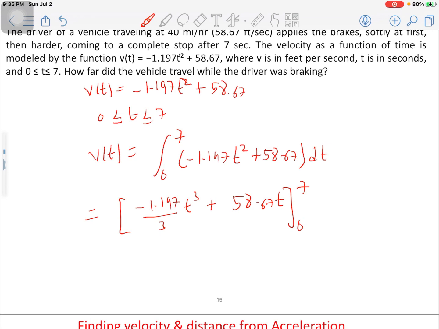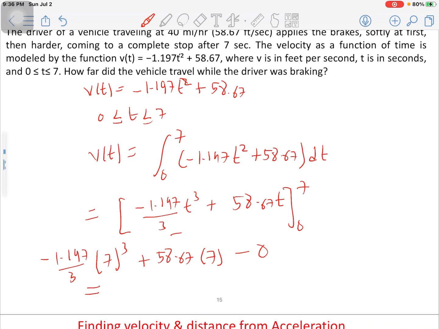And doing upper limit minus lower limit, by the fundamental theorem of integral calculus, you are going to get negative 1.197 over 3 multiplied by 7 cubed plus 58.67 multiplied by 7, minus the lower limit, which is 0, because when I put 0 inside all these functions, since they contain the variable t, they are going to give me 0.